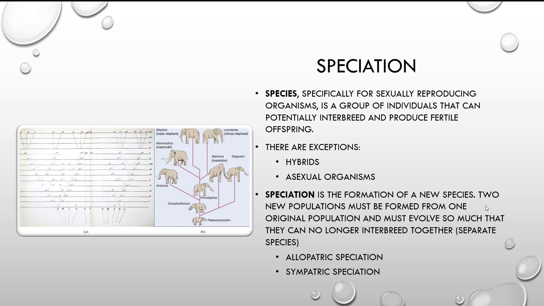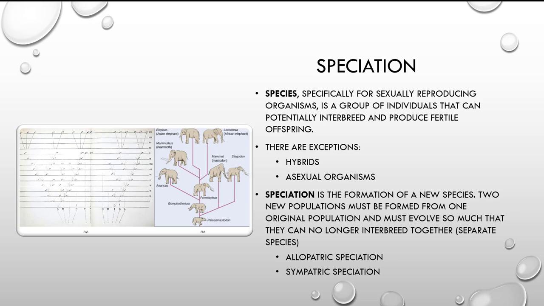Instead, we have one species, and within that species, we have two separate populations. But over time, the two populations become so different from each other that they evolve different functions, different forms, different genetics, to the point where if we brought them back together again, they can no longer interbreed.